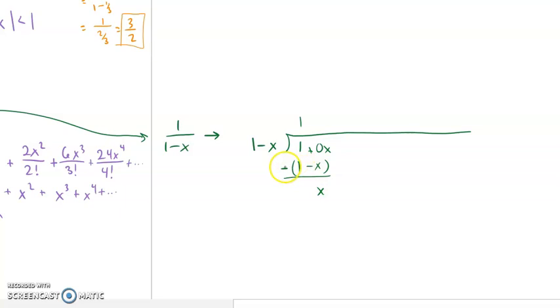So then I say, let's see, I'm going to put something here so that when I multiply it by 1, I get x. Well, that's, of course, got to be x. So x times 1 minus x is going to be x minus x squared. All right, well, I've got 0x squared that I'm going to subtract -x squared from. And if you do 0 minus -1, I think we just did 0 minus -1. We got 1. We're still going to get 1.